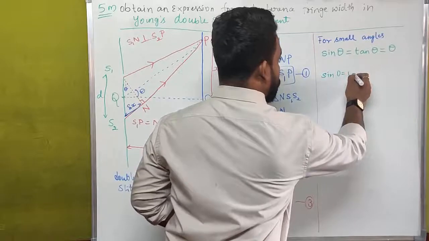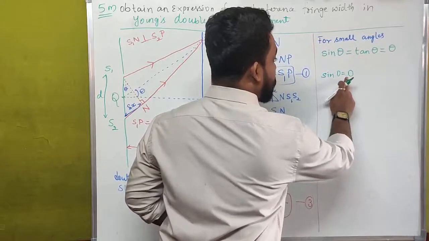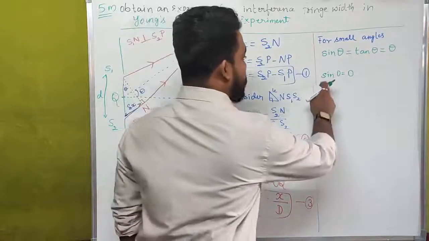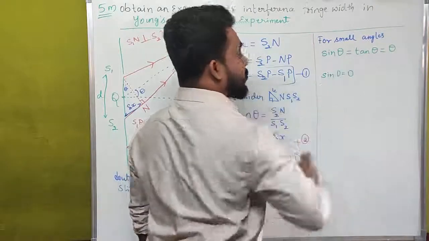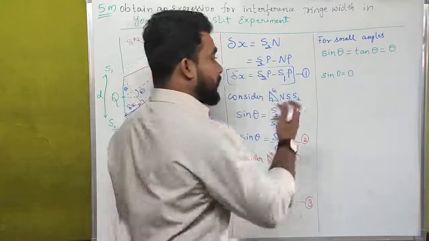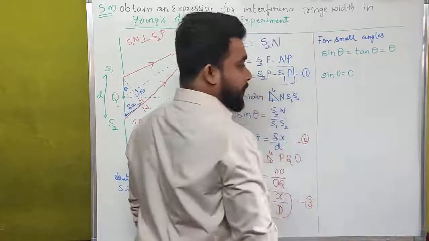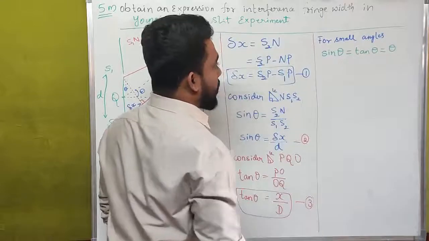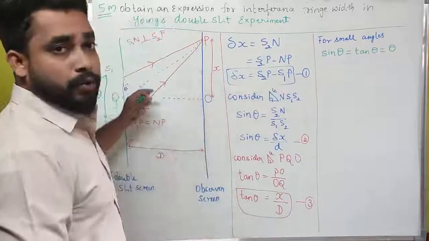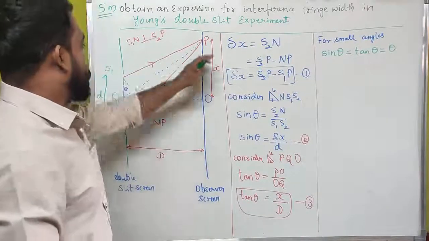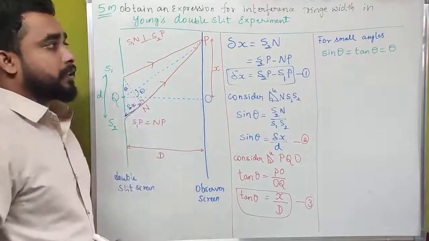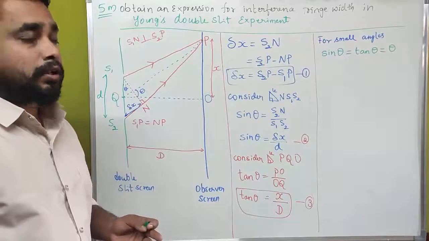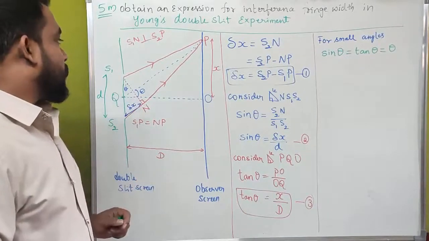Theta is equal to theta only. This is applicable for the tan function also. In the diagram we are getting some large angles, but practically it is not very large.